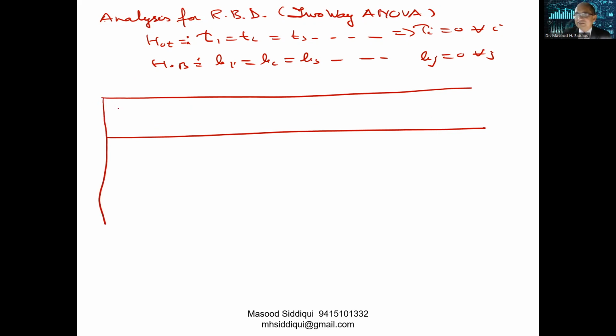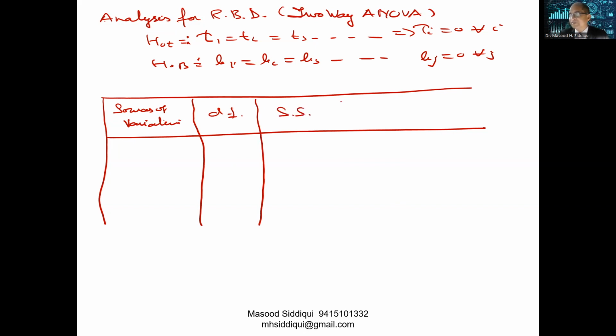The first column is the sources of variation. The next one is the degrees of freedom. The next one is the sum of squares. The last one is the variance ratio.